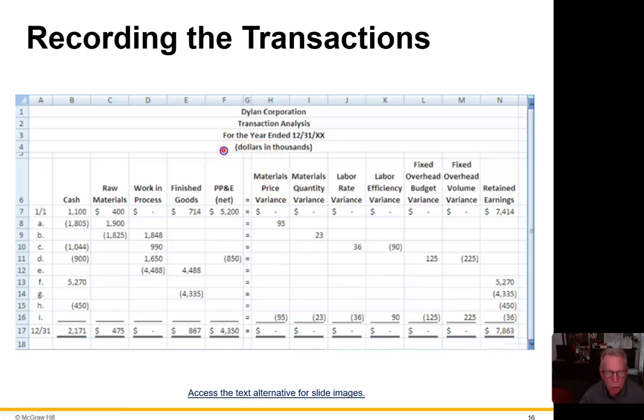Of course, these dollars are in thousands. Okay, so you can see we had cash, we had raw materials purchases, we had work in process, which is zero as we moved everything to finished goods, and away we go, recording those transactions.